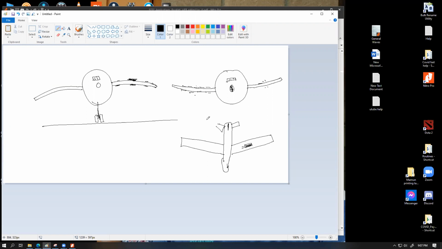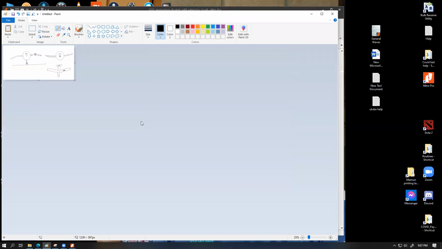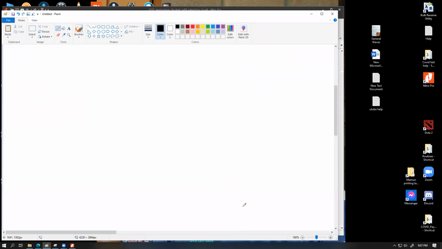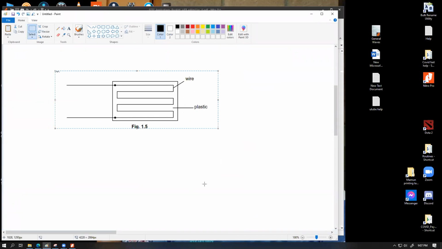Because of this, the length of the wires placed in this case would actually change.